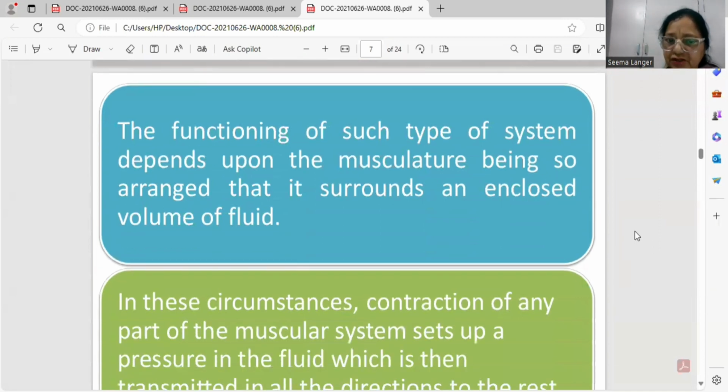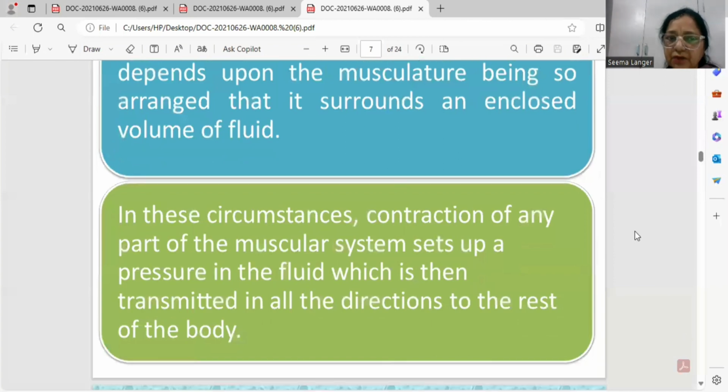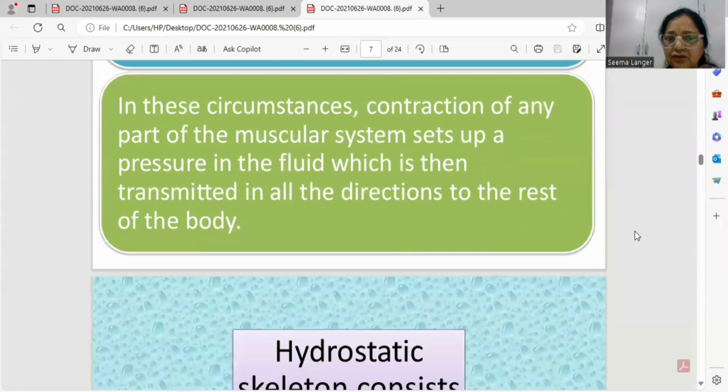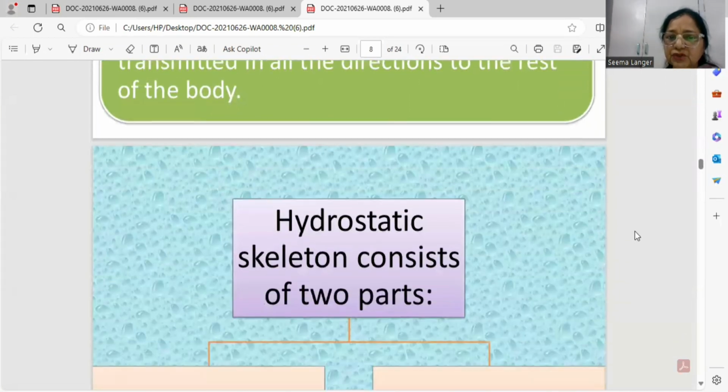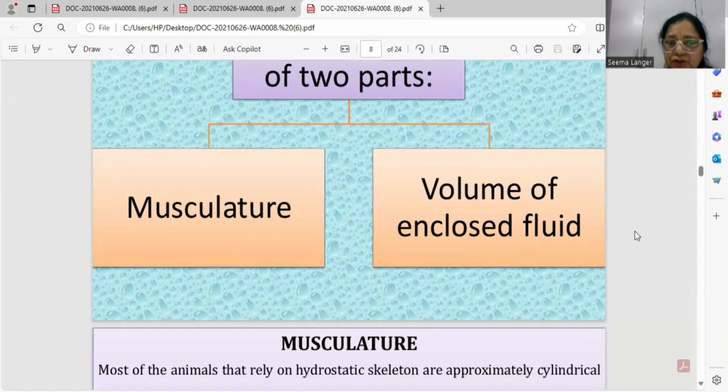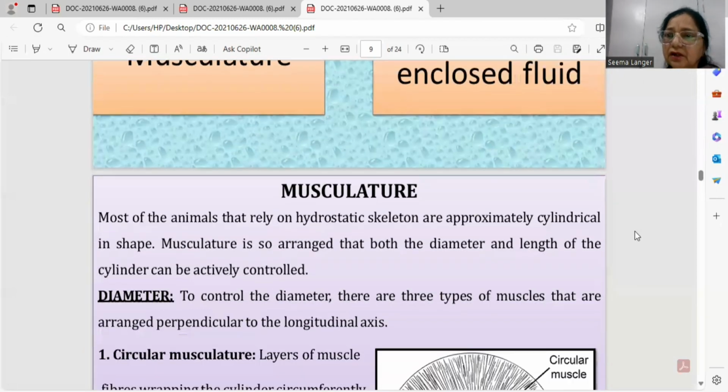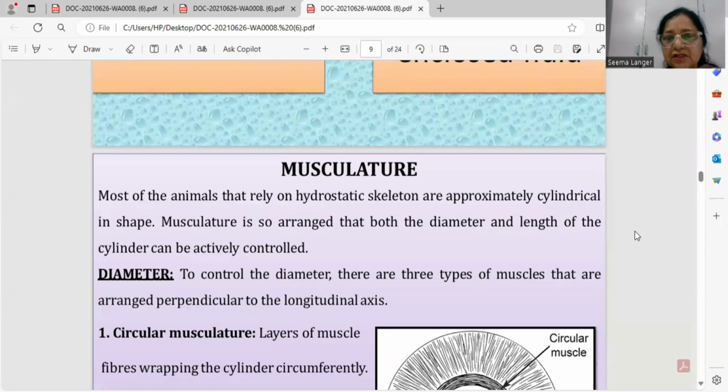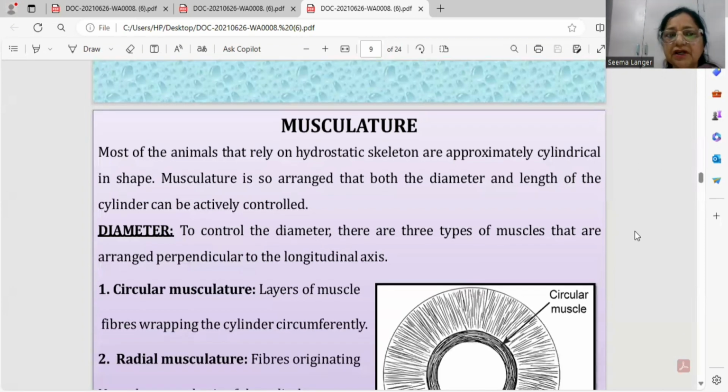What type of muscles do we have? Two types of muscles are present. The hydrostatic skeleton consists of two parts: one is musculature, that is muscles, and the other is the volume of enclosed fluid. In the musculature, there are broadly two types of muscles. One type controls the diameter, the changes in width.